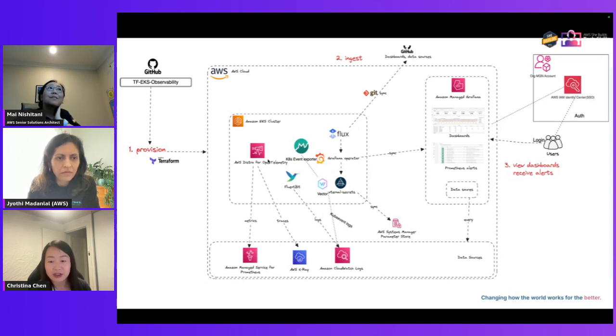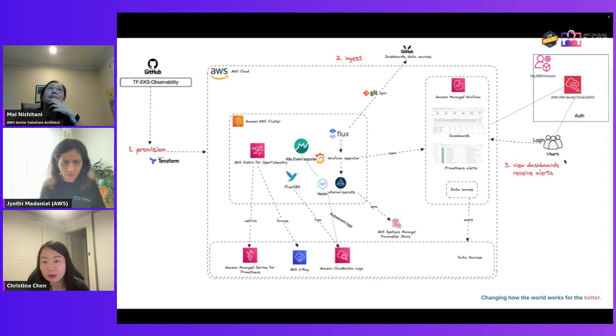And the controller manager from the last slide compares the desired state, which is in the code, with the current running state, which is what's running in the pod. When the whole stack is set up, we grant certain users access to view dashboards, and certain users and groups to receive the alerts.